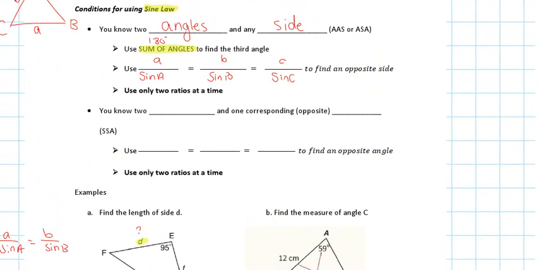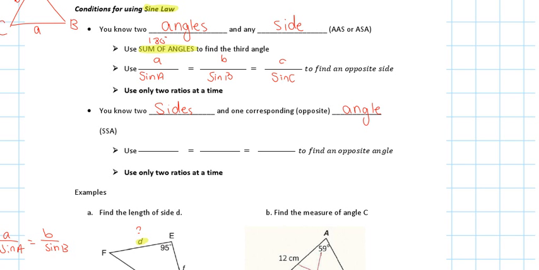Now, the other formula, or the other situation, is when you know two sides and in this case you have to have an opposite angle. Okay?